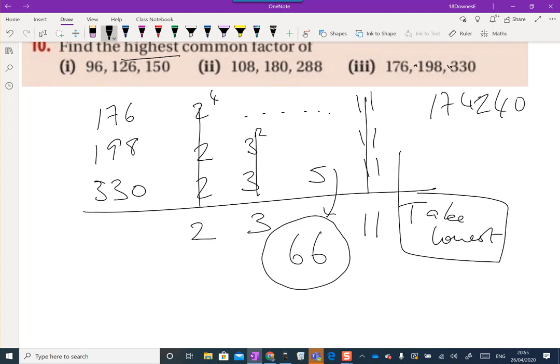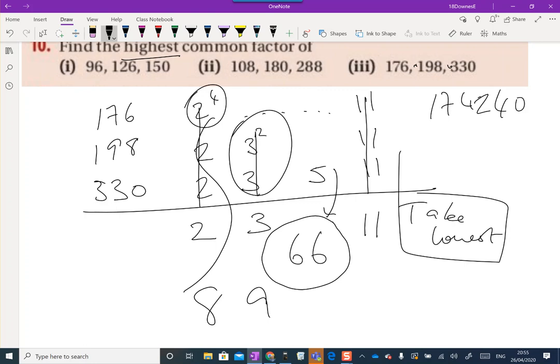Now going around the other way, I would have got 8 as the highest power here. I would have got 9 as the highest power here. I'm very worried now that my method is rubbish. I would have got 5 here. And I would have got 11 here. And I cannot imagine that multiplying up to that level. Highest power, highest power, highest power.